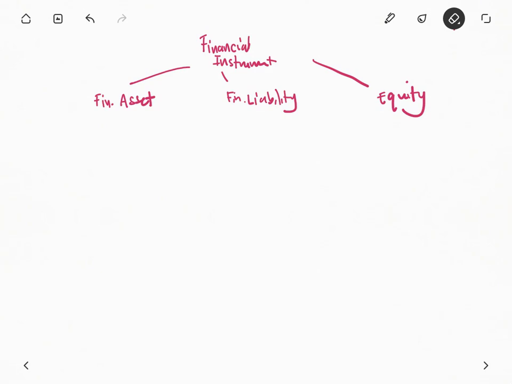Liability equity is where there is an issue. If it's very clear cut, no problem. If it's redeemable preference share, or if it's cumulative redeemable or irredeemable preference share, so sometimes without the standard, most of us will put it under equity. But with the standard of IAS 32 here, they ask us to apply the substance over form, means the redeemable as well as the cumulative must be recognized in liability. So IAS 32 will deal with all these things.